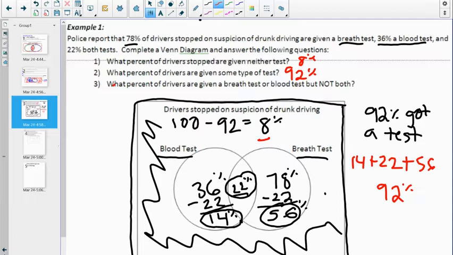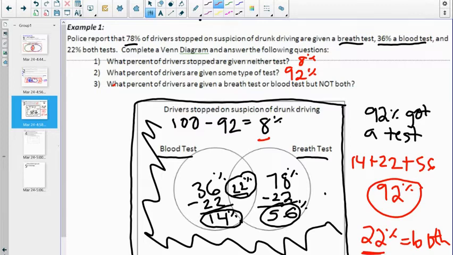And what percent of drivers are given a breath test or a blood test, but not both? It's not this 92%, because that 92% accounts for the 22% that got both. In this question, we're not referring to that 22%.